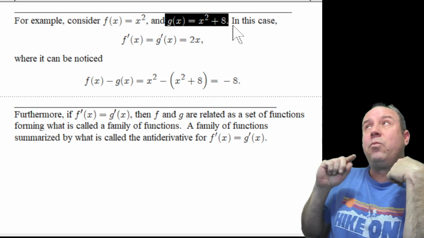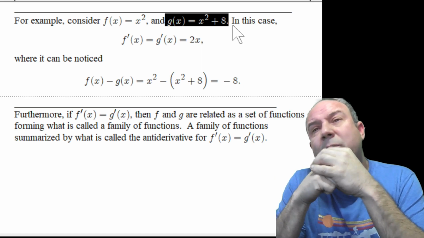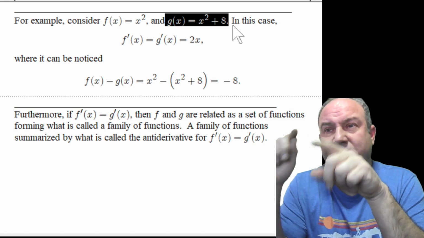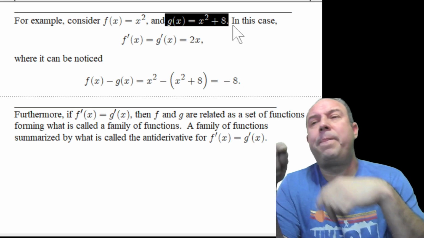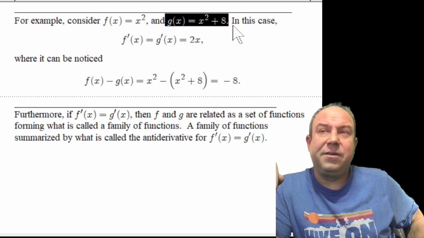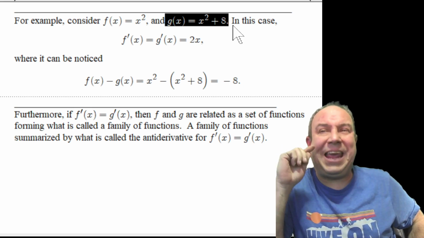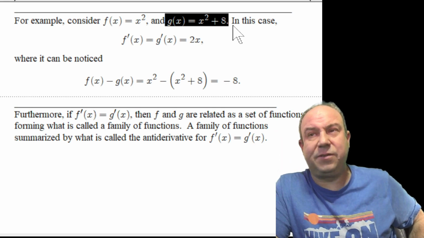And what's more specific here, though, is a family of functions that can be summarized by what we call the antiderivative for those first derivatives, f prime of x and g prime of x. F and g are both described by the antiderivative of their derivatives.